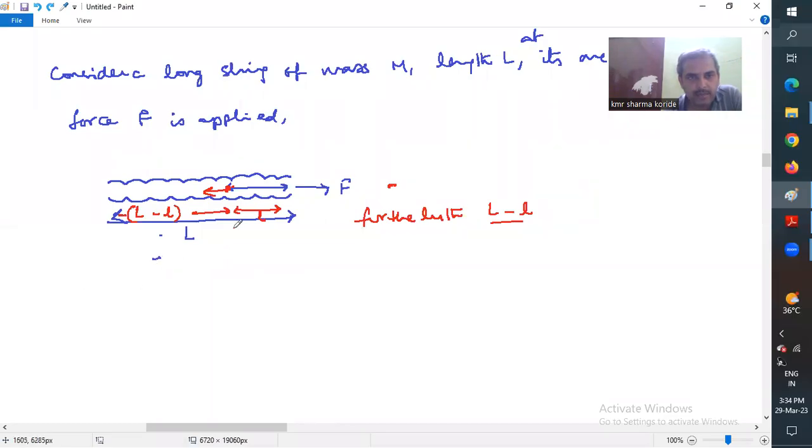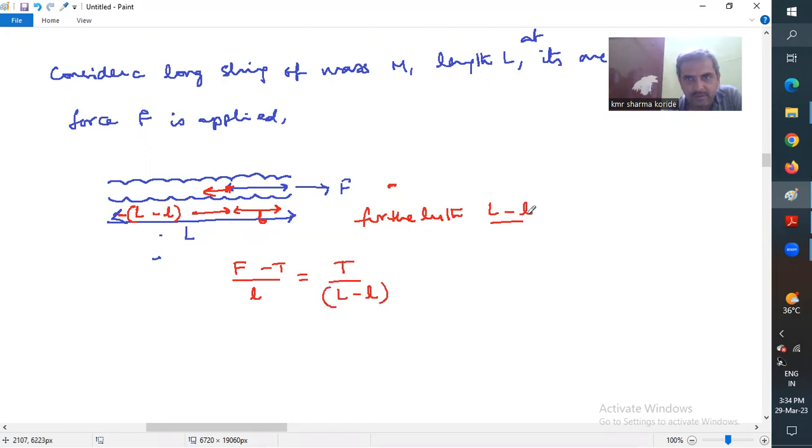For the part of length small l, the motion favors F, but it is opposed by tension. So tension only favors the motion of capital L minus small l.